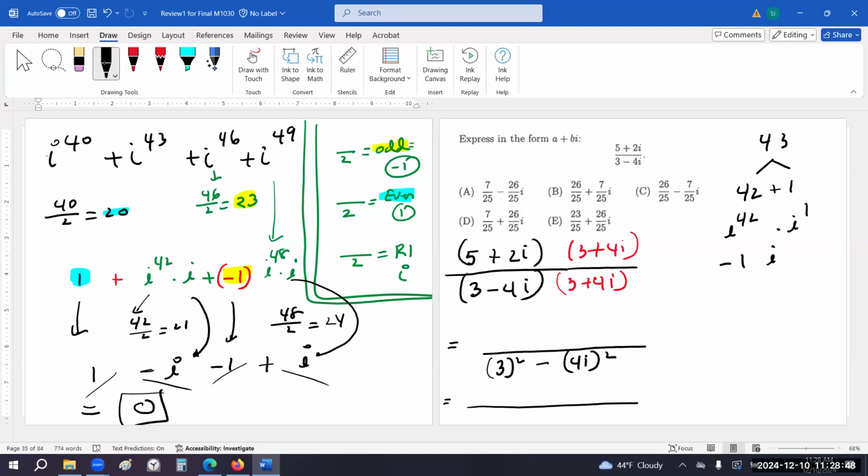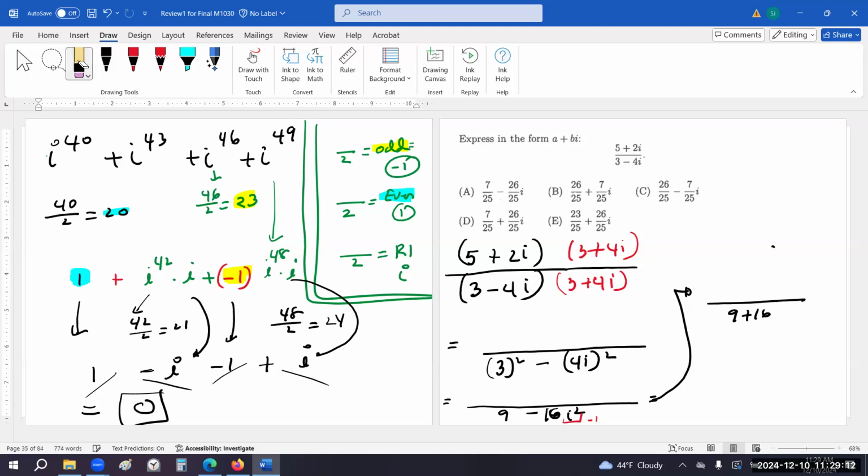Let's do the denominator first. So we have 9 minus 16i squared. But because i squared is -1, it turns into 9 plus 16. And what is 9 plus 16? 25.